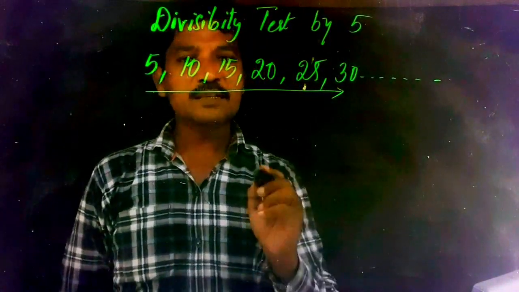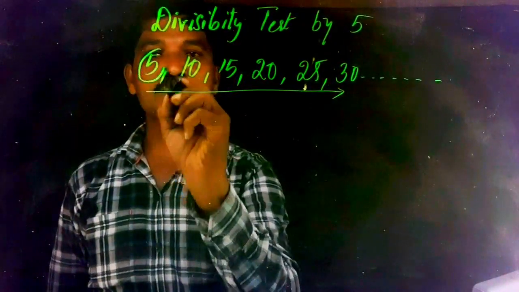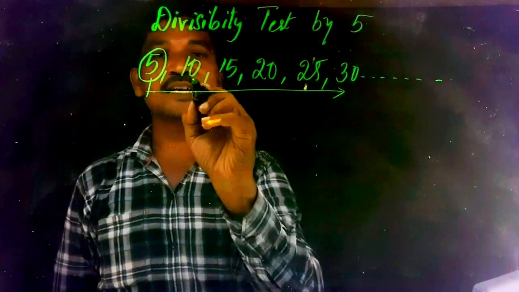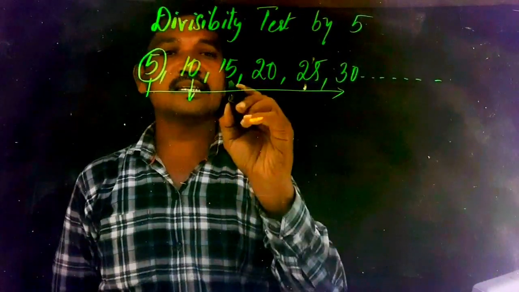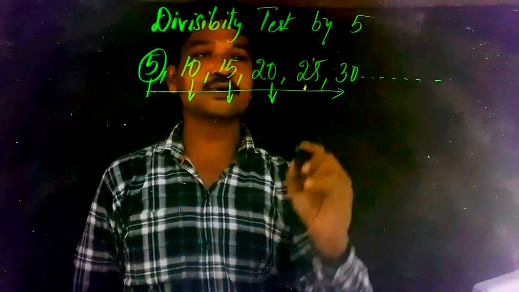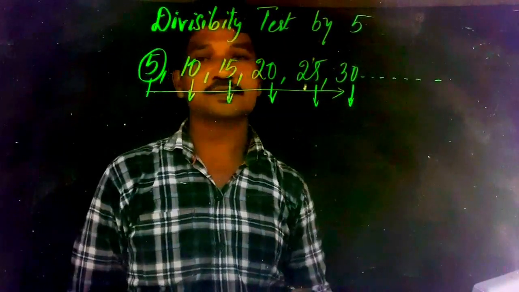In general, we need to check the ones place. This 5 ends with 5, and this 10 ends with 0, and this 15 ends with 5, and this 20 ends with again 0, and this 25 ends with 5, and this 30 ends with 0.